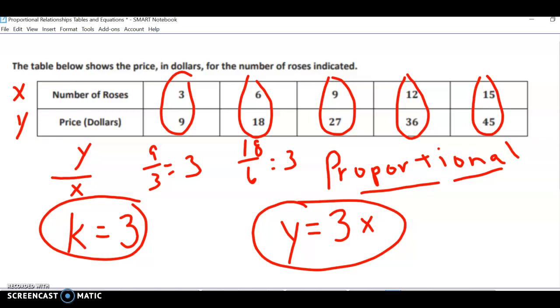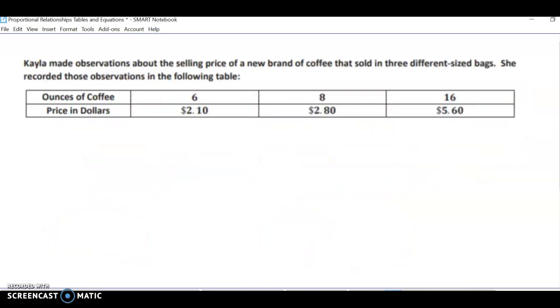All right, let's do just a couple more. Okay, this one is about the price of a new brand of coffee in different size bags. And we have 3 ratios, and I'm going to call the ounces x and the price y, because the price depends on how many ounces we buy.